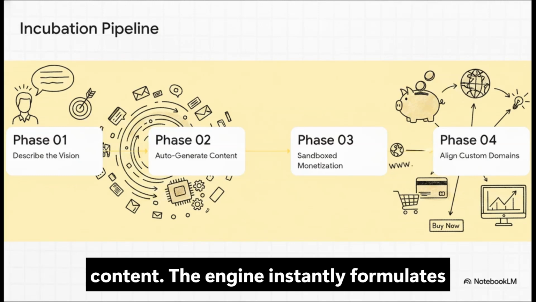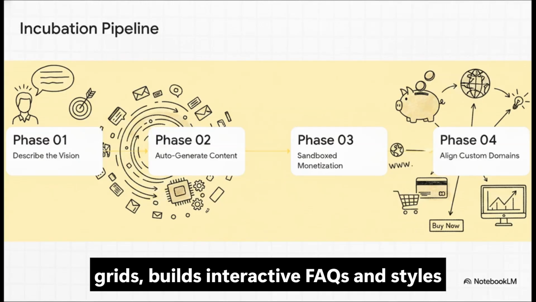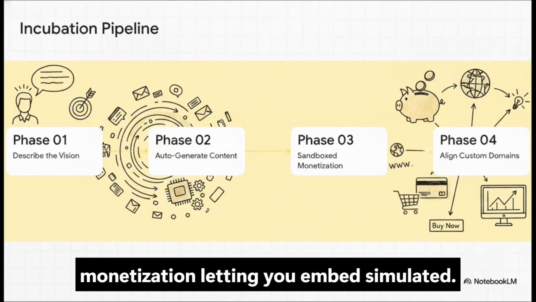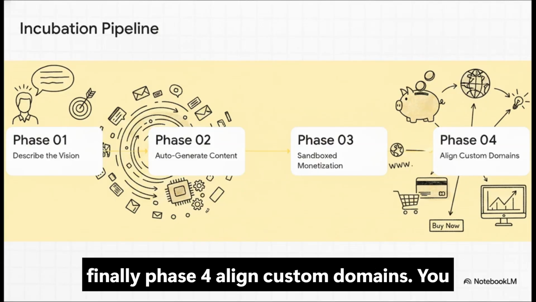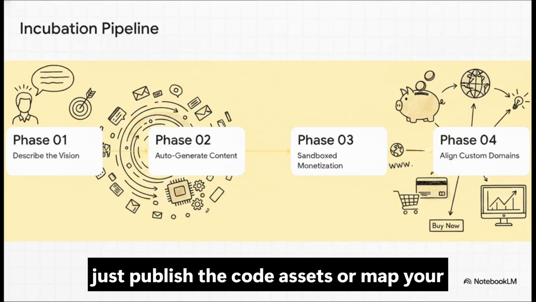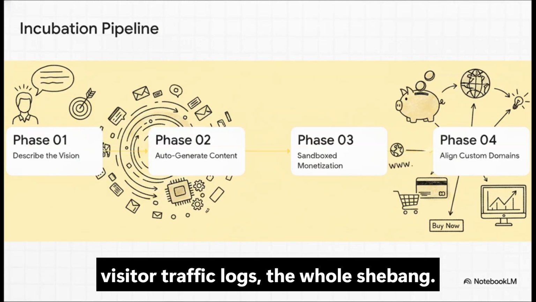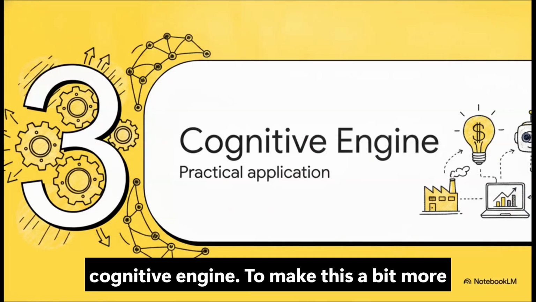The engine instantly formulates business names, writes custom feature grids, builds interactive FAQs, and styles layout scripts. Phase 3 brings in sandbox monetization, letting you embed simulated or production-ready Stripe buy links. And finally, Phase 4, align custom domains. You just publish the code assets or map your own domains, complete with real-time visitor traffic logs. The whole shebang.